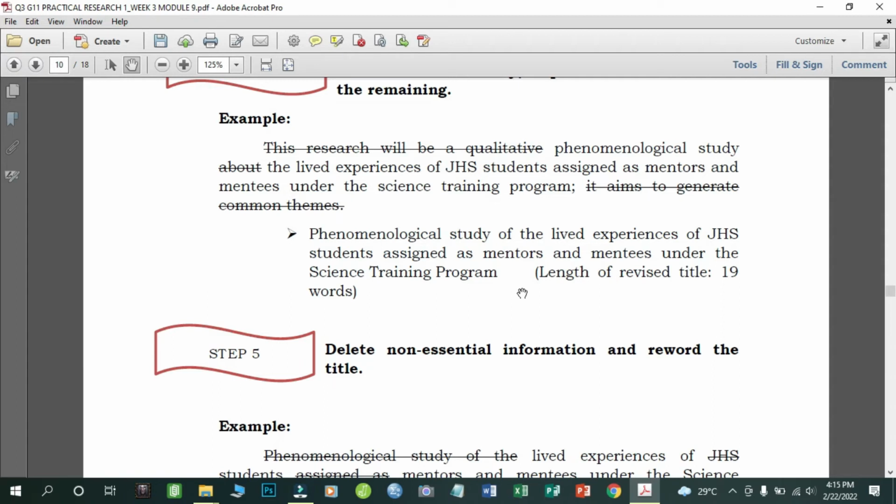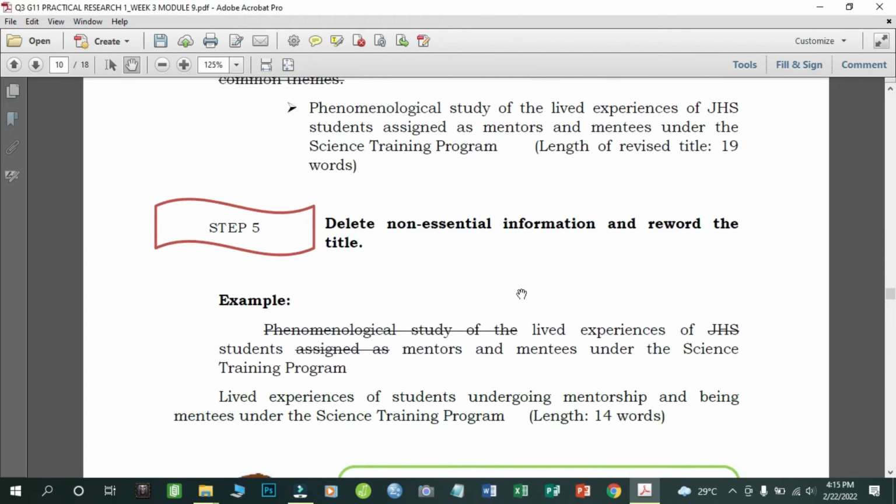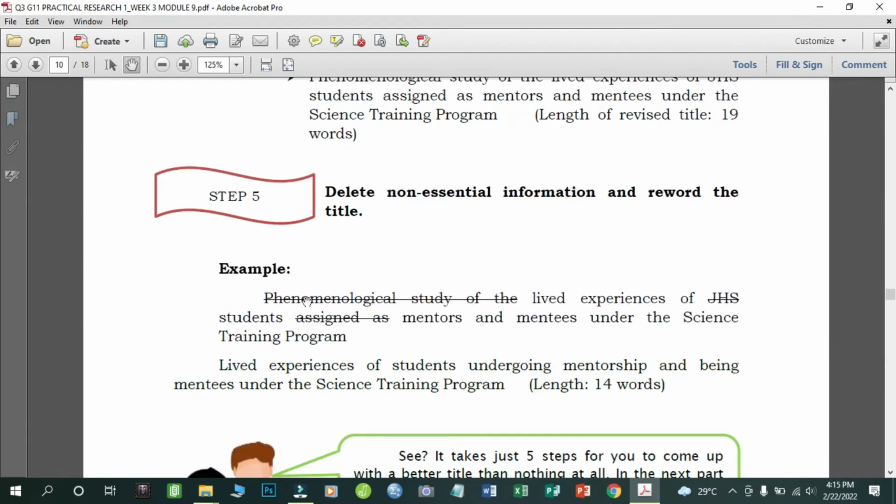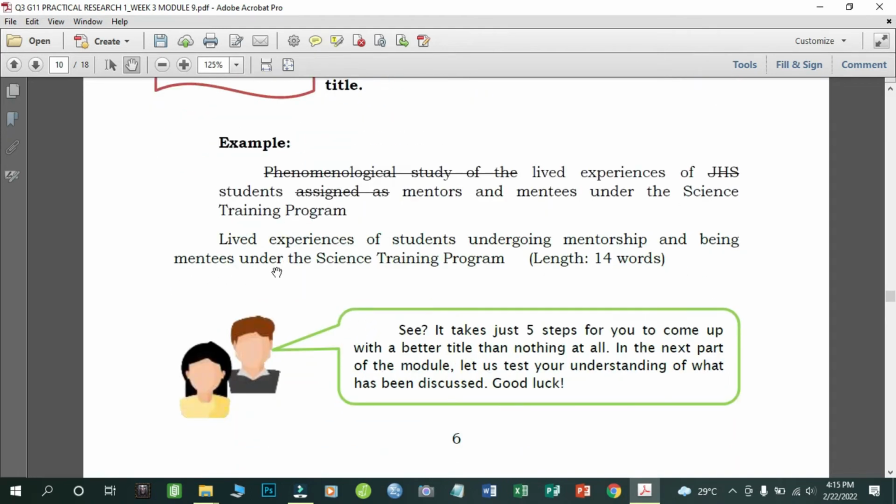It's more of social issues. They're going to investigate here about the representation of women in politics. Then another is title number 2. It's more of the experiences of the adolescents on their drinking habits.